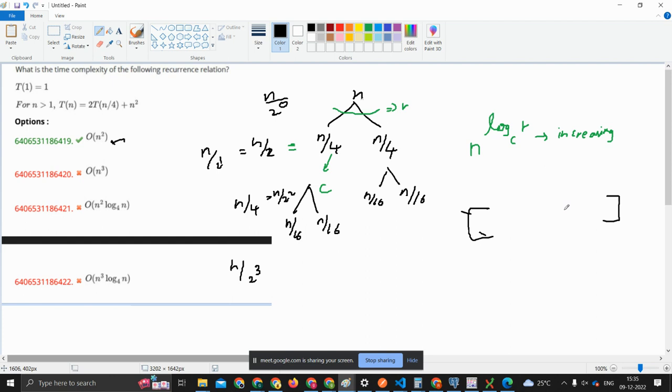Okay, but still, it's not going to be exponential, so why is the answer big O of n square? Look at this, Sachin. This single term is making it big O of n square. We are selecting the higher term, like the higher function. Correct.